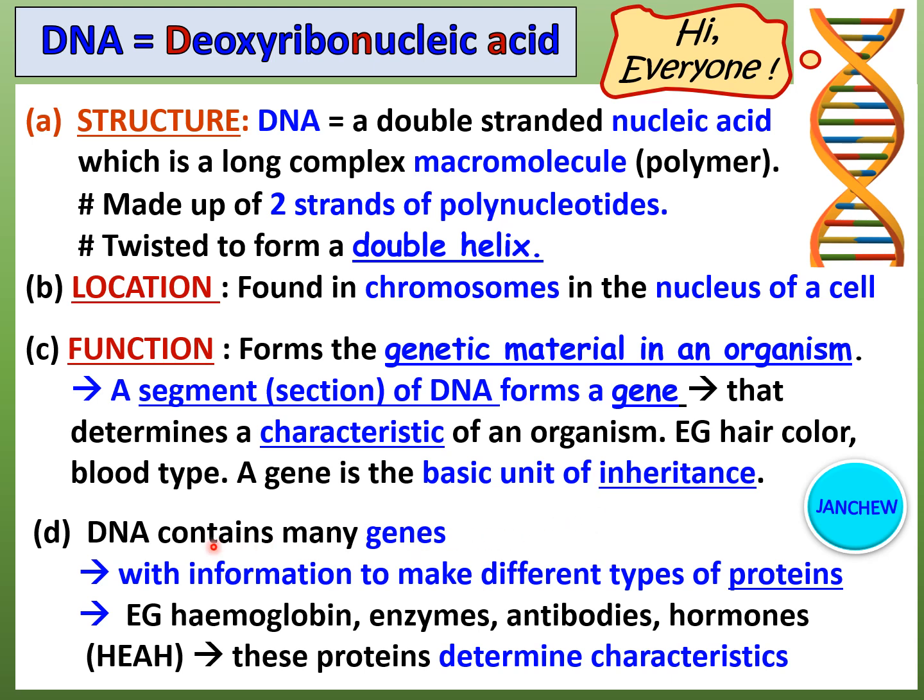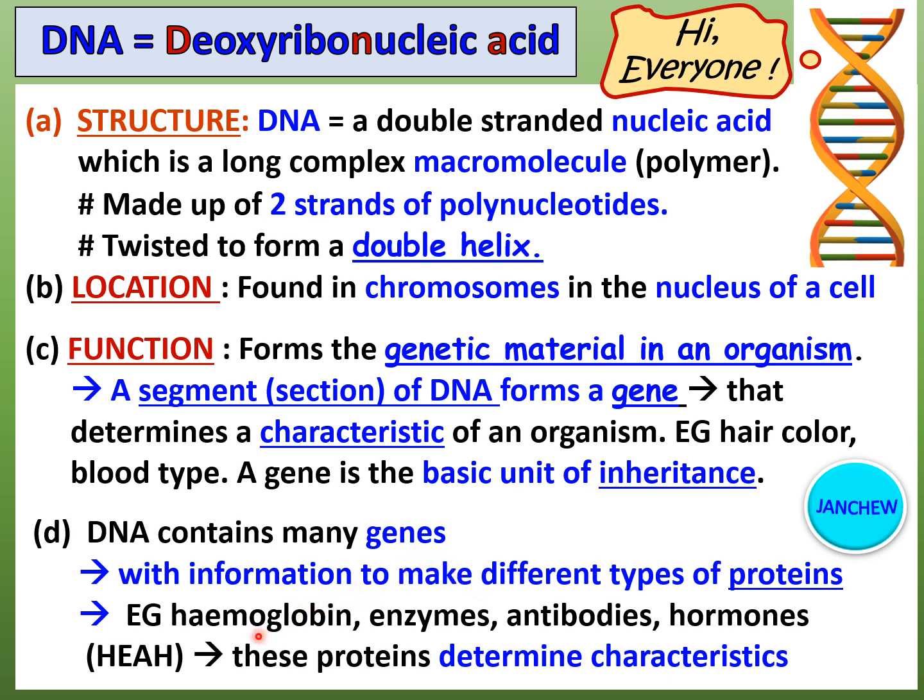Now DNA contains many genes with information to make different types of proteins. Each gene has the instructions to make a specific type of protein. And what are the proteins that can be made from the instructions given by the genes?